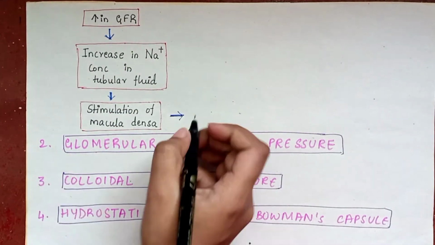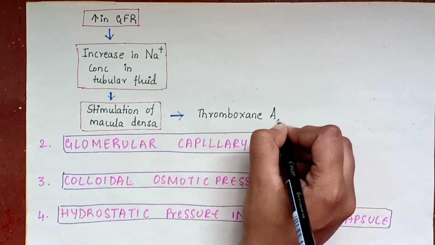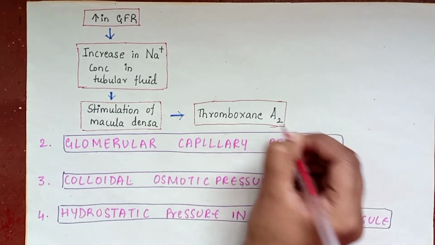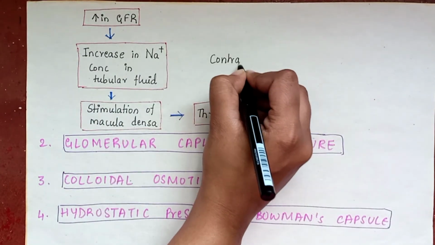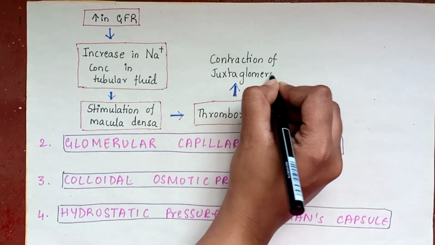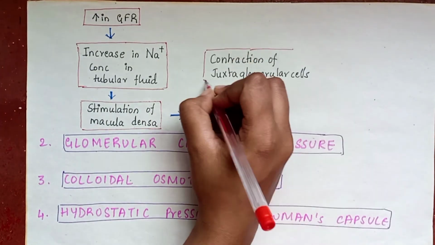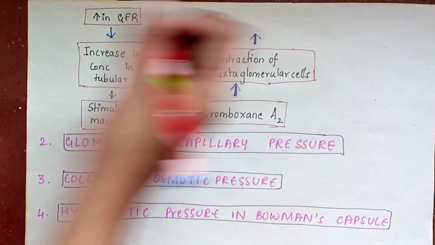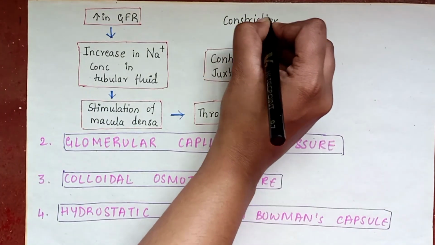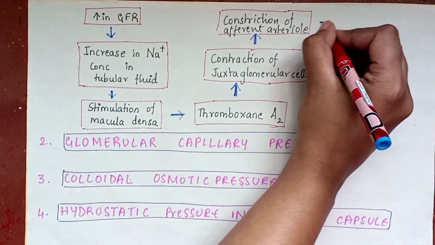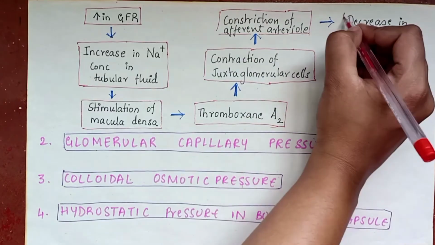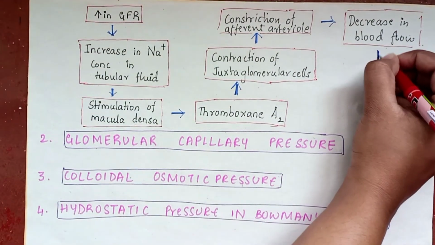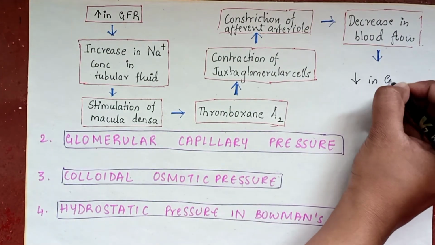It detects it and it will lead to secretion of thromboxane A2, which will lead to the contraction of the glomerular cells. When there is contraction of glomerular cells, obviously there will be constriction of the afferent arteriole, and if there is constriction, then there is decreased blood flow, and automatically there will be a decrease in glomerular filtration rate.